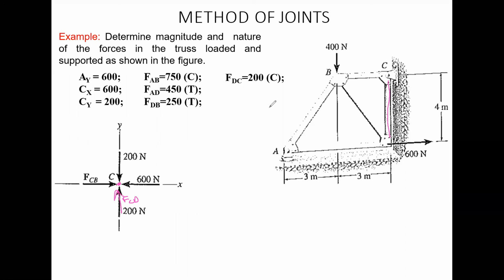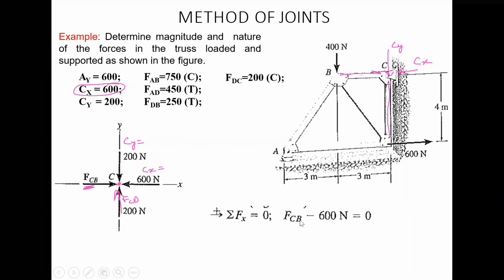And now we know that a vertical reaction is also acting at the point C, and it was Cy. So Cy is equal to 200. So let's apply this reaction force Cy vertically downward, and FCB. So this is the direction of FCB, and here we have calculated that Cx is equal to 600 Newton. So we are applying Cx is equal to 600 Newton horizontally leftward.